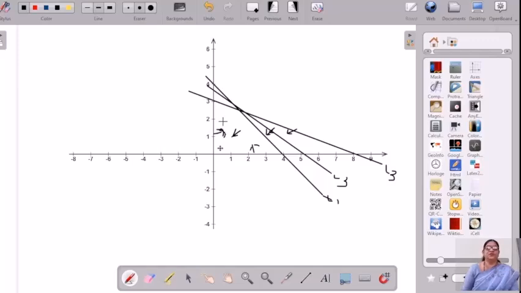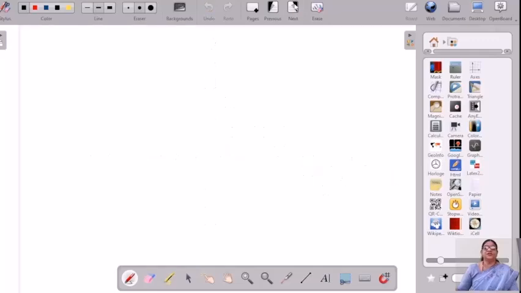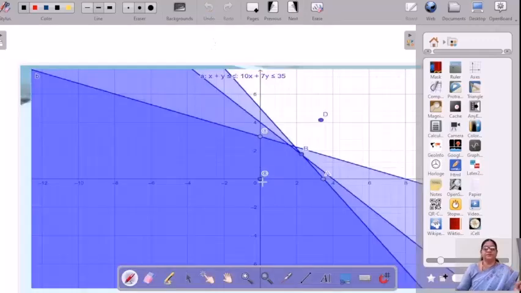Therefore, the common region is the region here, meaning the extreme points are O, A, B, C. If you draw it on graph paper or plain paper, you can easily see this is our feasible region.